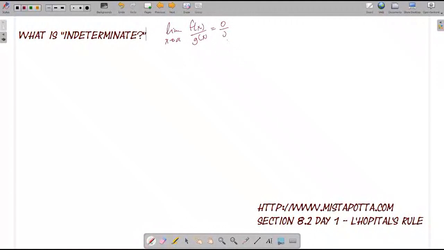So the question is, why is 0 over 0 considered indeterminate form? Well, the reason is there are several ways that I could try and approach determining what that value is.